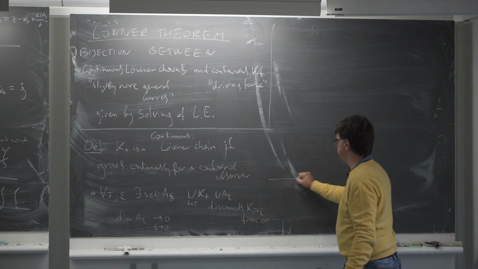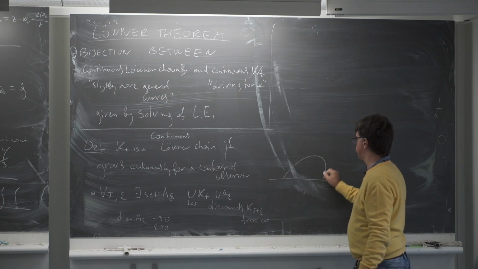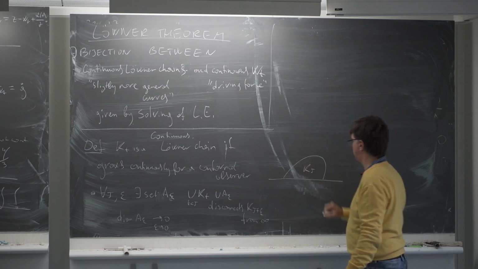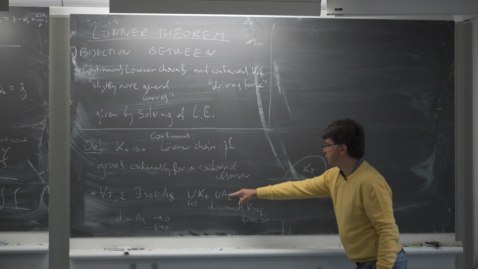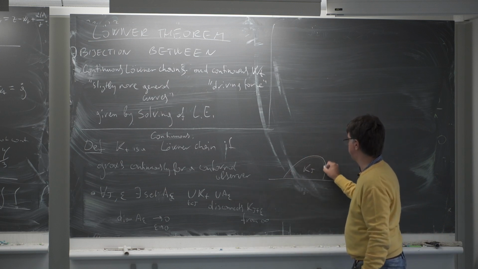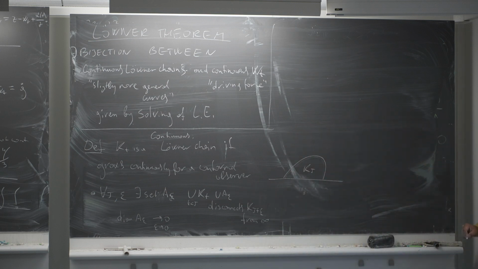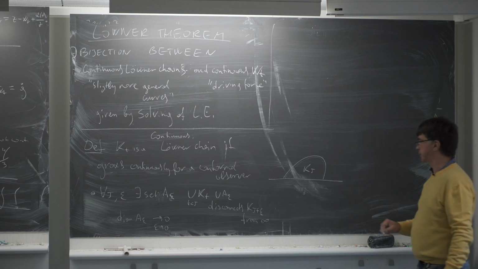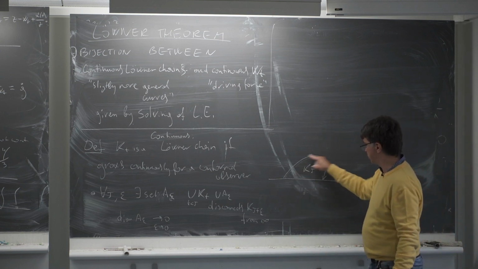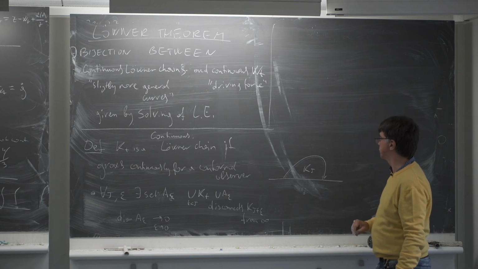So what it means is that suppose this is the set K_tau, and this union is slightly smaller than K_tau. It doesn't include its closure, so if K_tau was closed like that, it doesn't include this point.